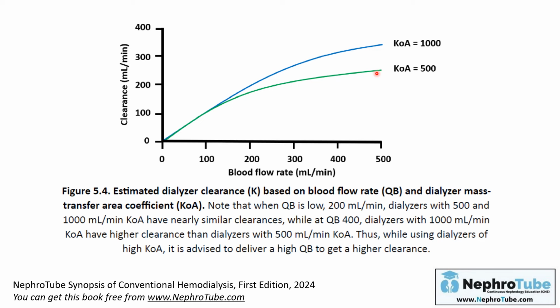This highlights that if you are using a dialyzer with high KoA, it is advised to deliver a high blood flow rate to get the most benefit of these dialyzers. But if you use a very low blood flow rate, there is no difference between using a high efficiency dialyzer and a low efficiency dialyzer.